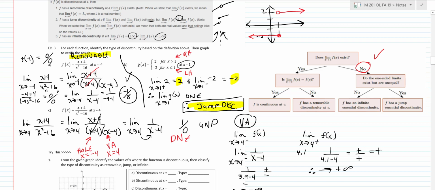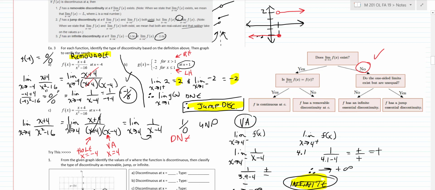And if you look at the definition up here, an infinite discontinuity occurs where the left and right-hand limits are both going to negative or positive infinity. That's the idea on this one, so this would be an infinite discontinuity. That's how you piece that together, how you figure out, mathematically speaking, how these graphs go.